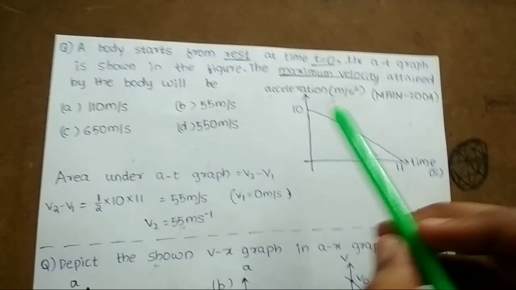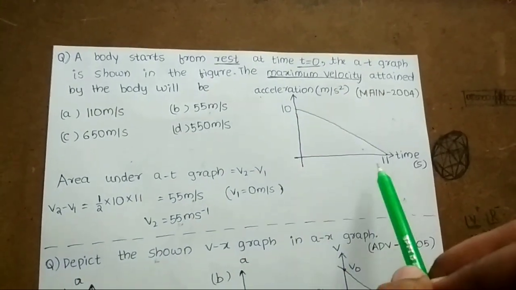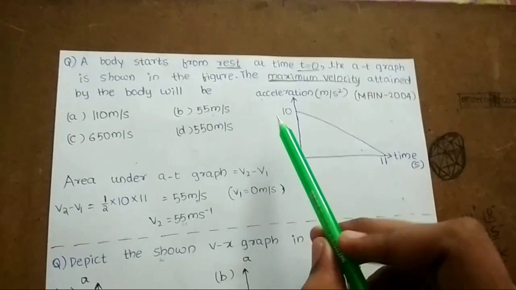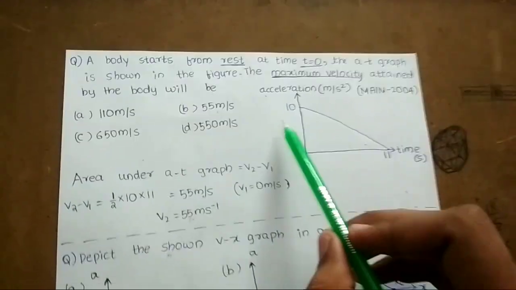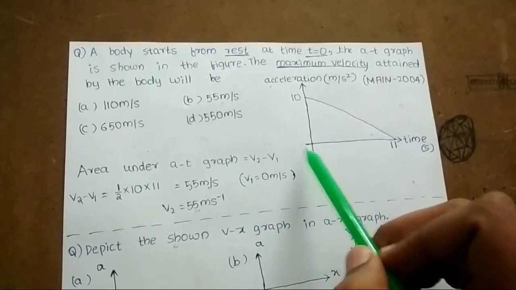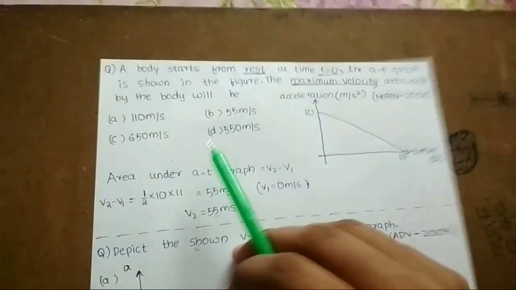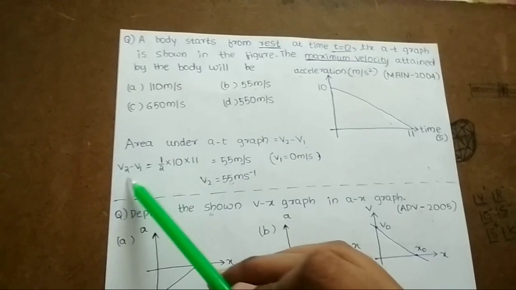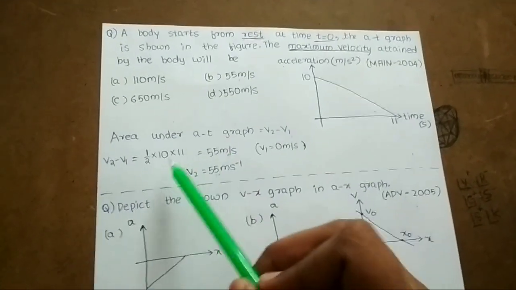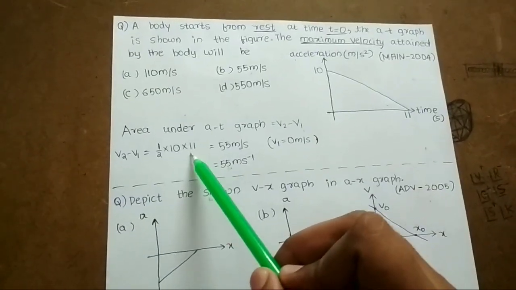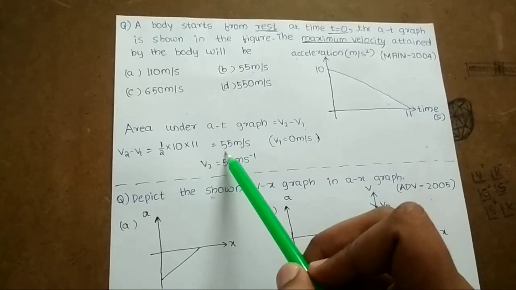Looking into the graph, we say this is an AT graph. As I said in the earlier video, area under the AT graph is nothing but change in velocity, that is V2 minus V1. By finding out the area under the graph, that is a triangle, so half into base into height, we get 55 meter per second.